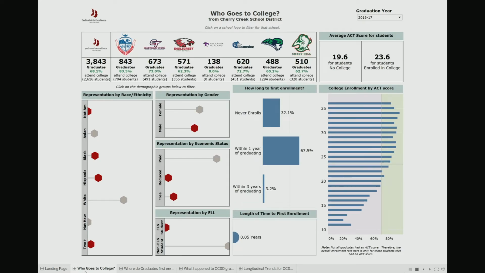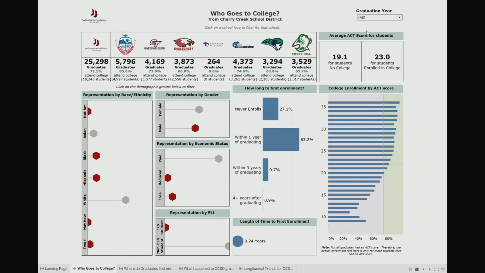For us, in 16, I'm going to change it for a second. I'm going to go back to all years, and then we'll talk about specific graduating classes in just a second. Over the last 7 graduating classes, excluding the class of 2018, we've graduated just over 25,000 students, which is right here in the top left.